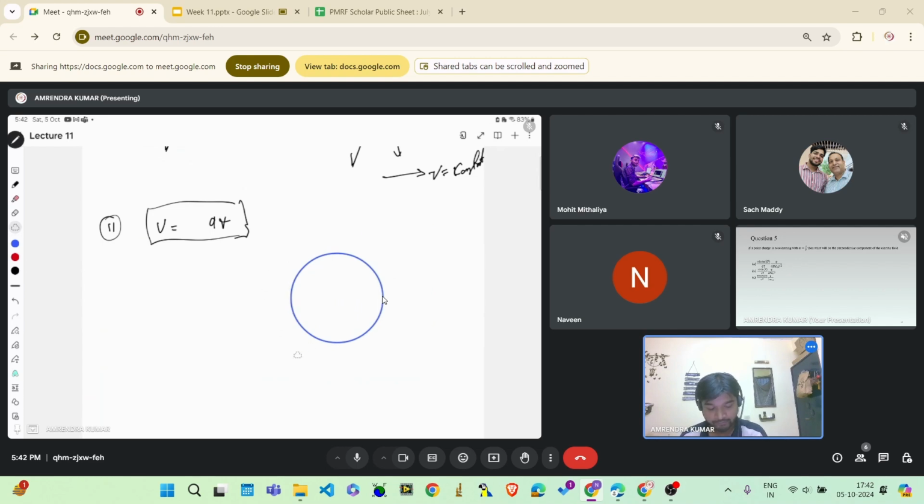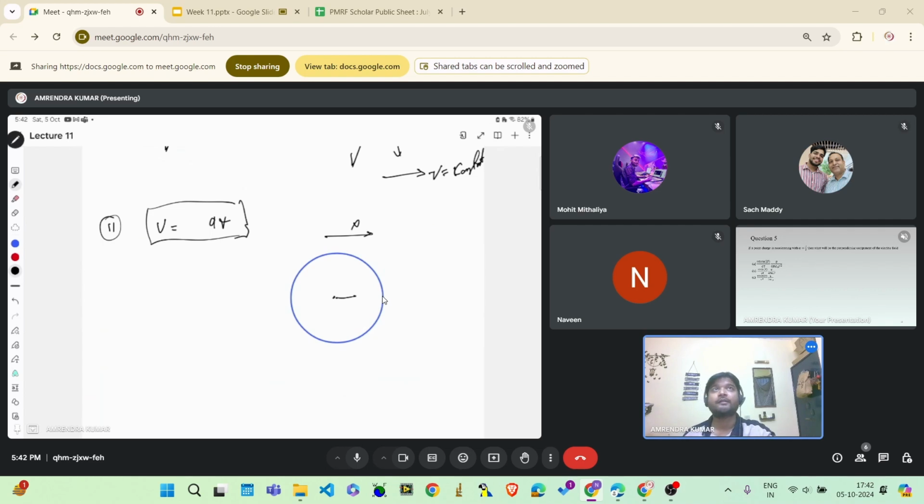If it is moving with some acceleration in the x direction, you have the charge here, and the charge will move some distance.